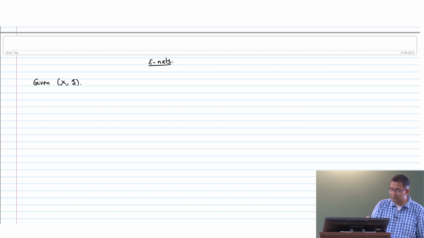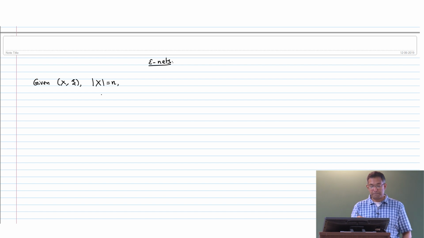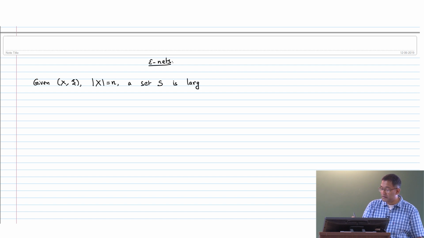Given a set system, where the size of X is n, a set S in the set system is large if the size of S is at least epsilon n.